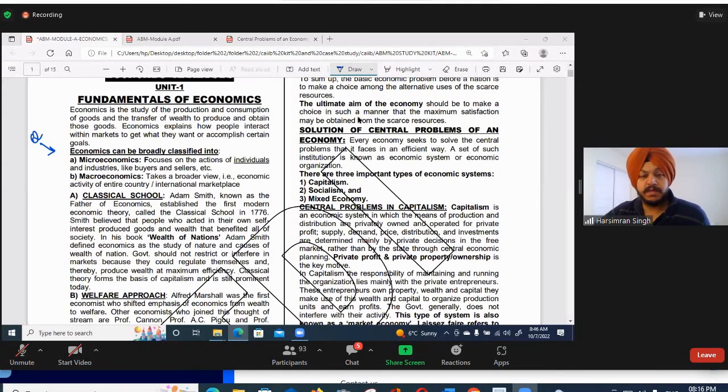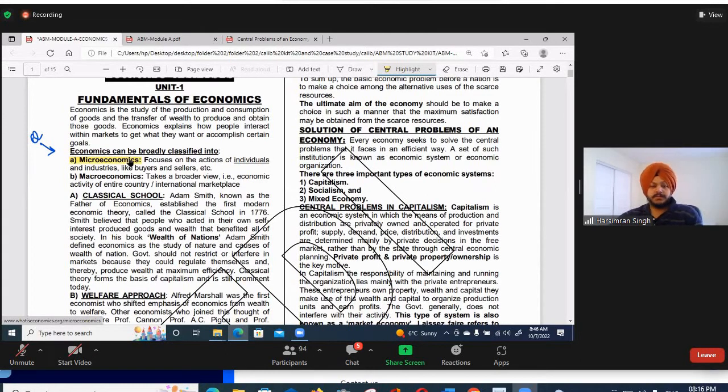Now, microeconomics. पहले इसको पढ़ लेते हैं. Economics is a study of production and consumption of goods and transfer of wealth to produce and obtain these accounts, blah, blah, blah. This will not come. But this question comes. What is microeconomics? Last time also it came.